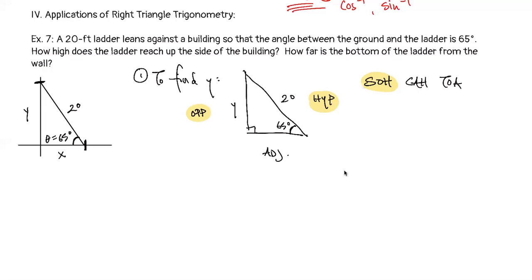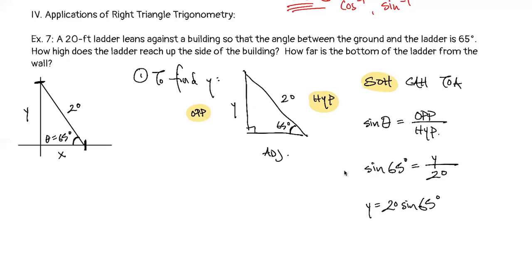So I'm going to set up my equation. Sine theta equals opposite over hypotenuse. Now let's fill in the numbers we have. Sine 65 degrees equals Y over 20. Now we're going to solve for Y. So Y equals 20 sine 65.